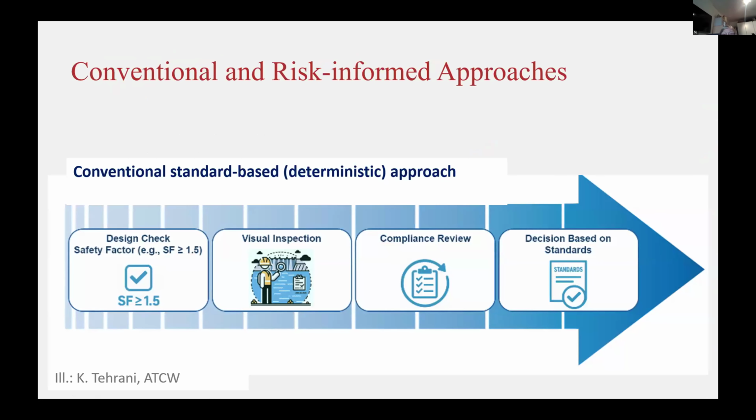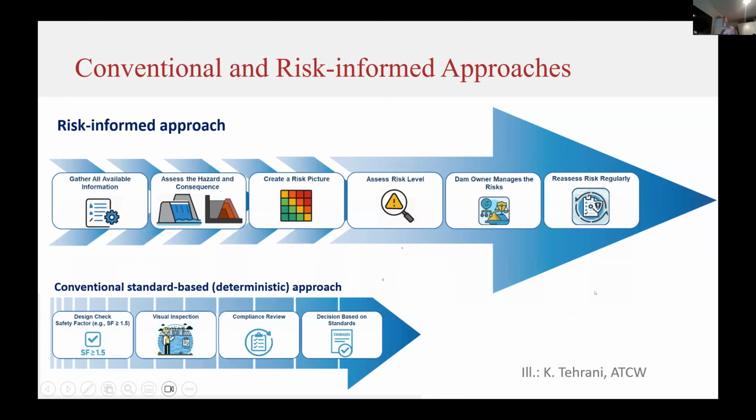The conventional approach, which you all know about, is where you first do a design check, factor of safety, perhaps a visual inspection and compliance review, and the decision is based on standards. With the risk-informed approach, the deterministic analysis is still down here. You gather all information, and all this information is provided by this.